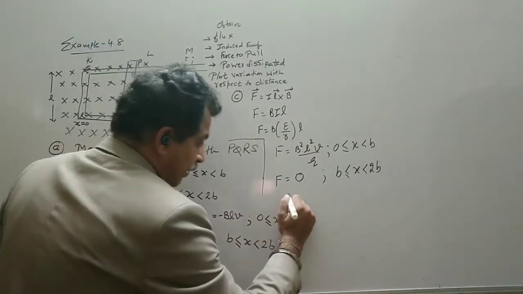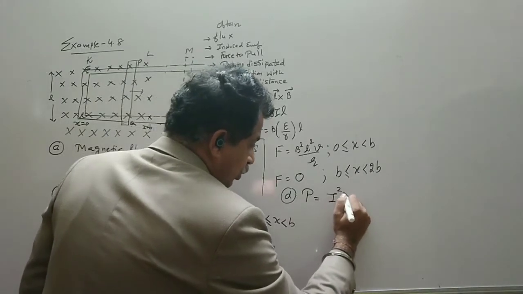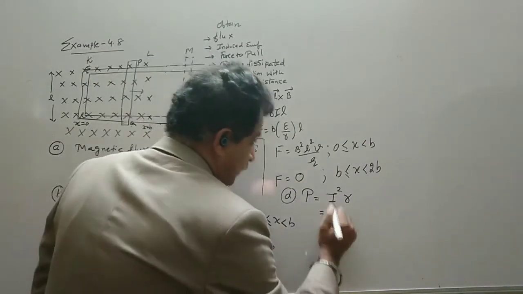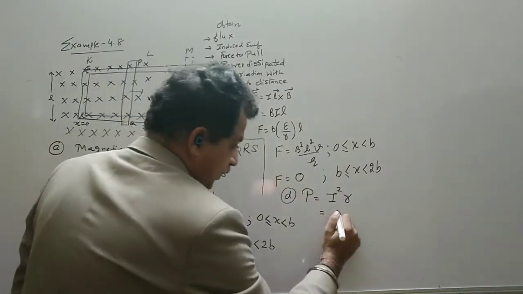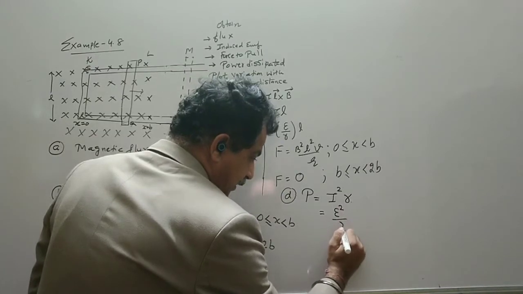Then the power dissipated. So power loss is equal to I square R. So I can be written as E upon R, that is E square upon R square. So this R is cancelled.